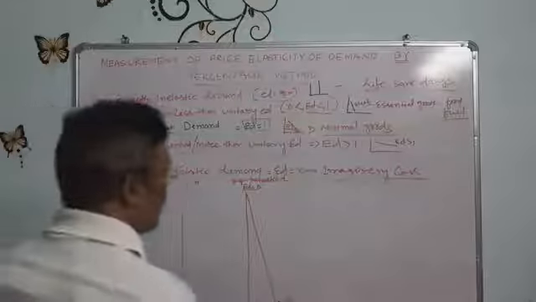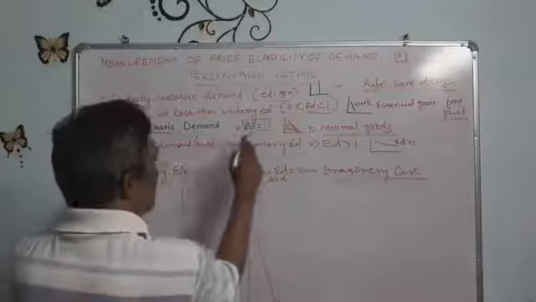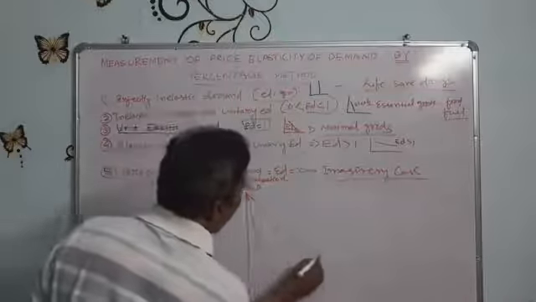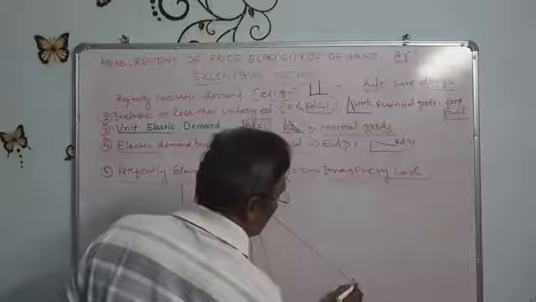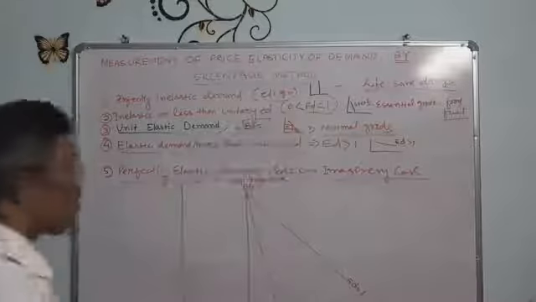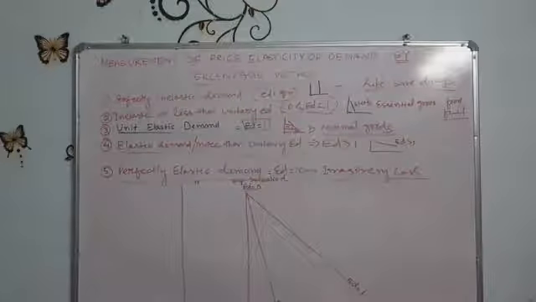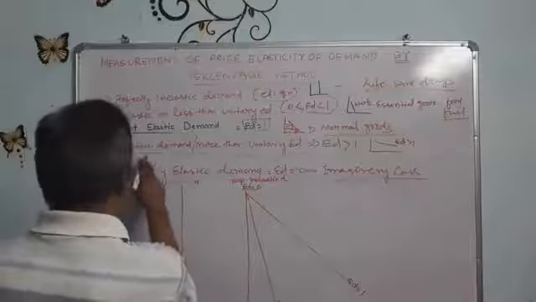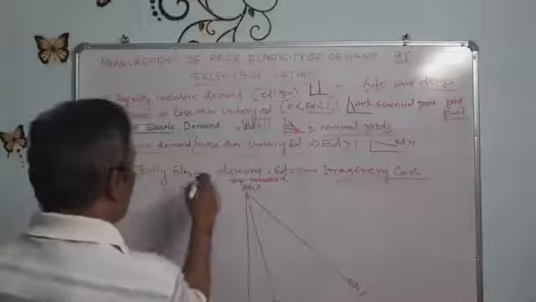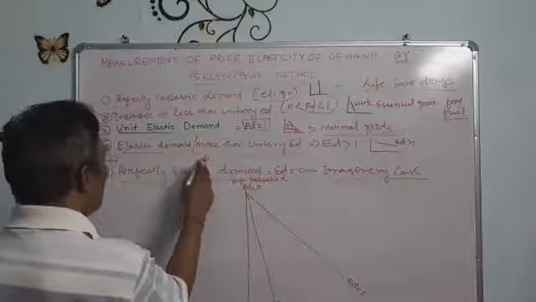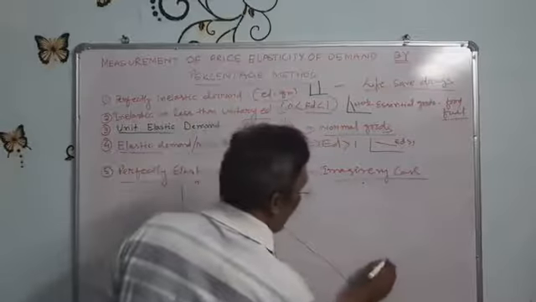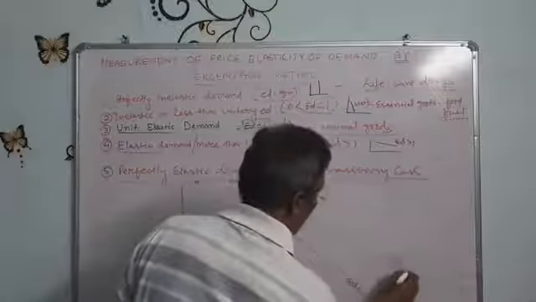Third one, unit elastic demand, or elasticity of demand equal to 1, in the case of normal goods. And fourth one, elastic demand, more than unitary elastic demand, where the curve is flat, elasticity of demand greater than 1.